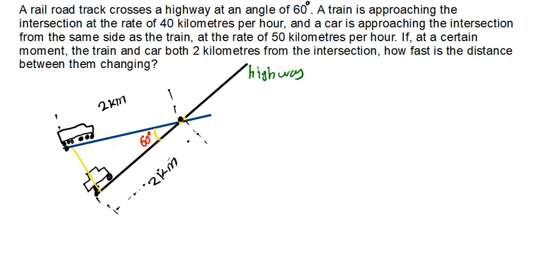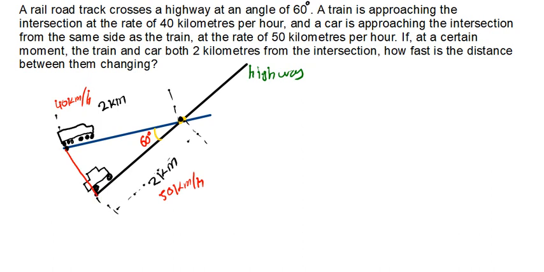We are told that the train is moving at the speed of 40 kilometers per hour, and the car is moving at the speed of 50 kilometers per hour. So we have to determine how the distance between the train and the car is changing, and that's the distance we are talking about there.